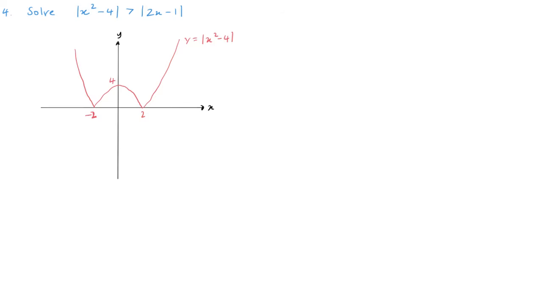Now next I need to do the modulus of 2x minus 1. So it's going to be a positive graph. Coming down, hitting here, hitting at x equals a half there. And then this point is going to bounce off and go through the 1.